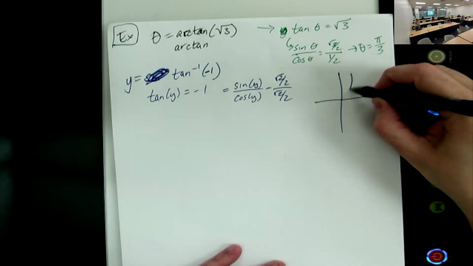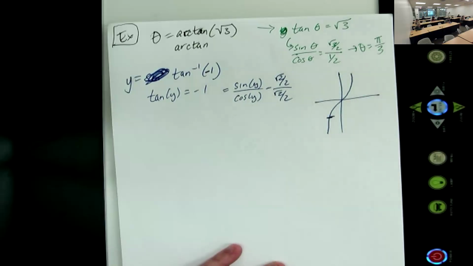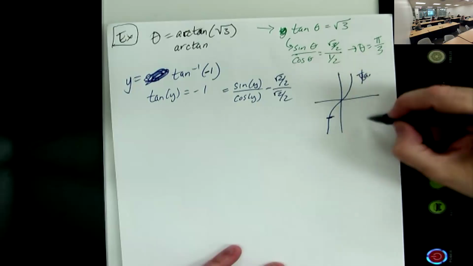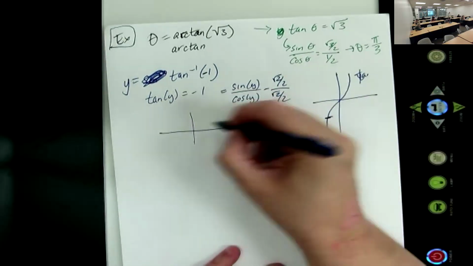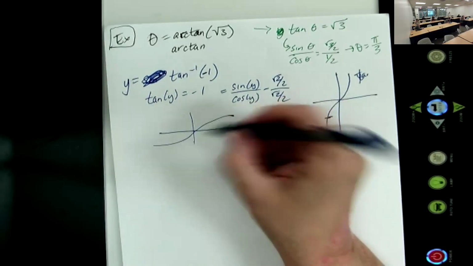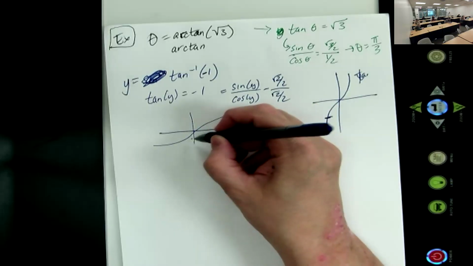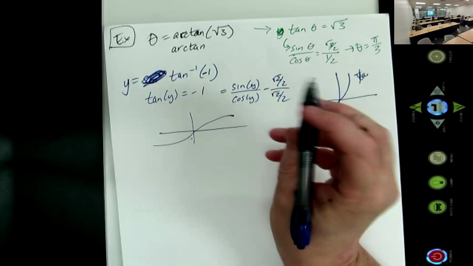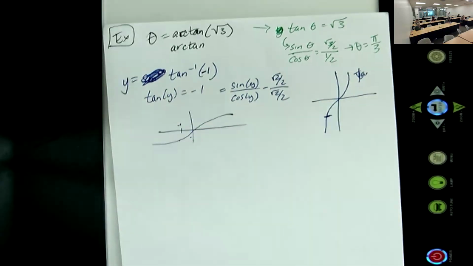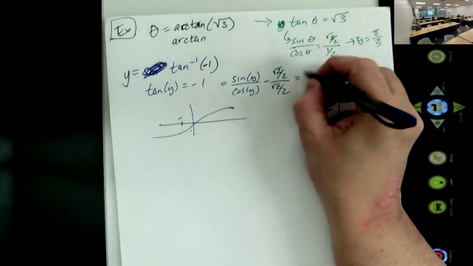Tangent looks like that. We're looking for negative 1, it should be over here. That's tangent, so tangent inverse is like that. What y gives us a negative 1 value, or what x has a negative 1 value? We're over there, it should be negative pi over 4, because these are both pi over 4s.